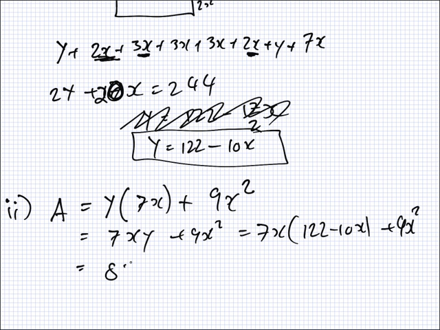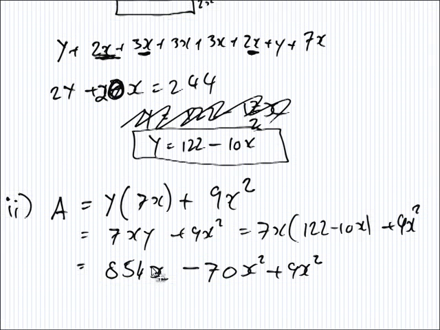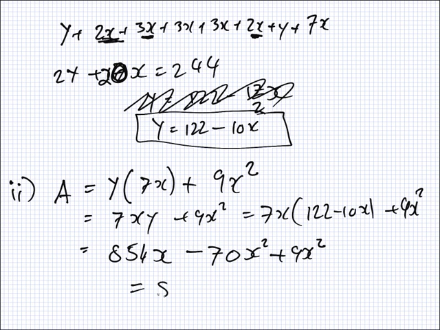That's right. 854x minus 70x squared plus 9x squared. Yeah? That's 854x minus 61x squared, which is good because that's what they say. Show it's equal to that.